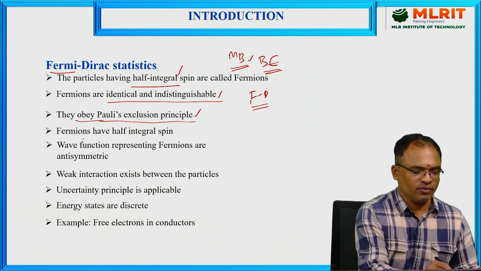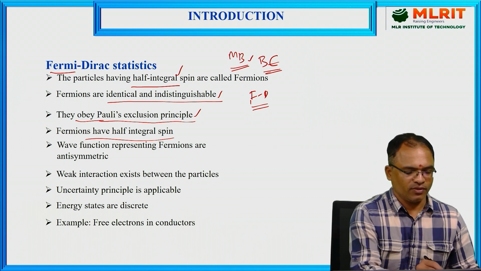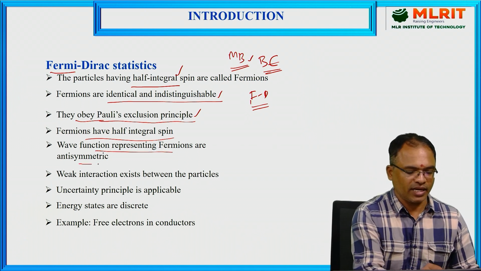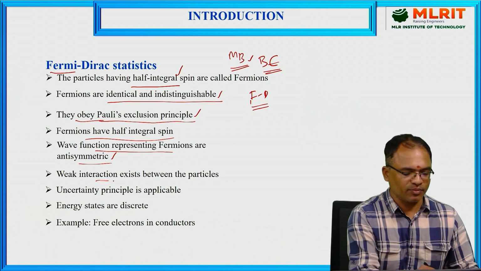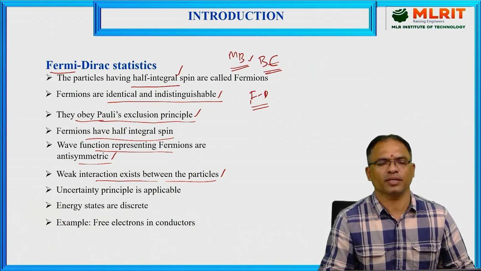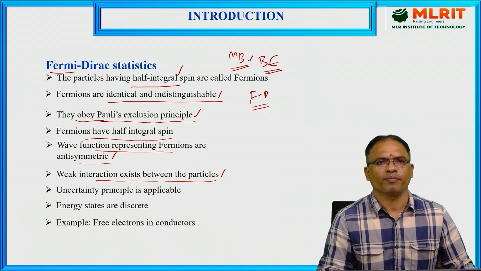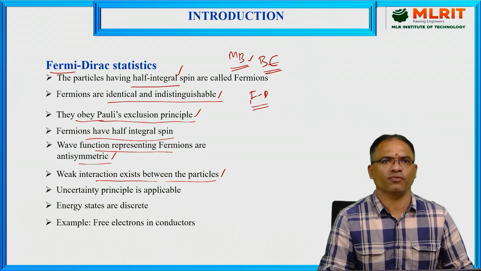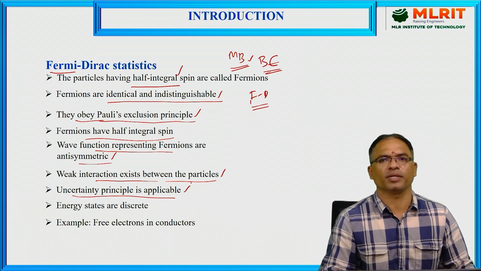Next, we already know fermions have half integral spin, and the wave function representing fermions is antisymmetric, and there exists weak interaction between fermions. Generally there exist interactions between elementary particles. Between some elementary particles some interactions will be there, whereas between fermions there exist weak interactions. And the uncertainty principle is applicable to fermions.